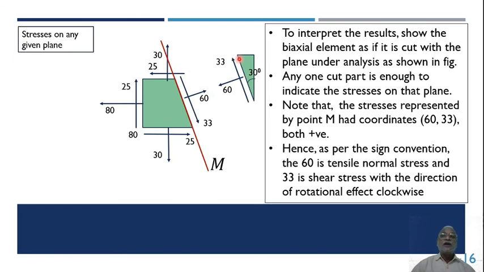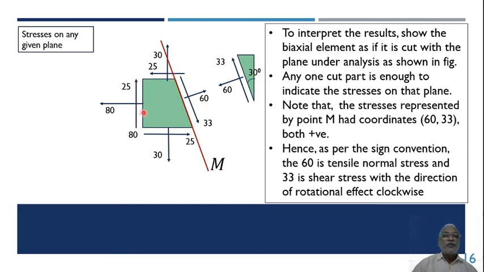If this is the element or the section I have taken, I have to draw a line perpendicular, and then the arrow has to be pulling because it is tensile, right? 33 is a shear stress with a direction of rotational effect. What rotational effect? Clockwise rotational effect, because 33 is positive. Here when I draw for this, it will be clockwise for this. When I draw for this, it will be clockwise this way, right?